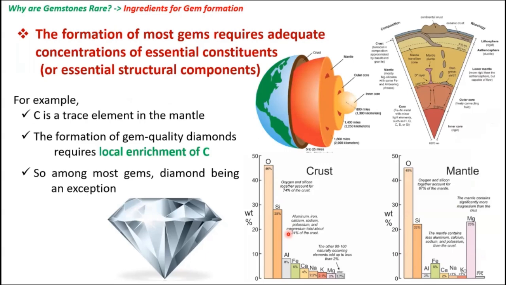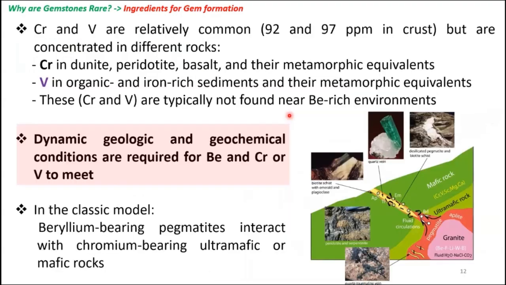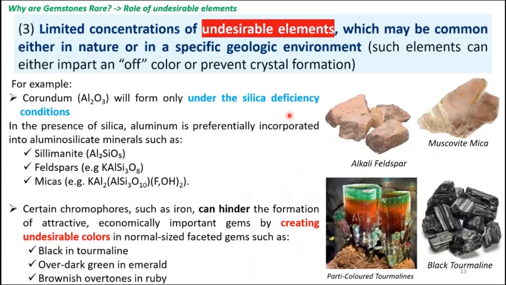Quartz you can frequently identify in nature, but corundum, although aluminium is the third dominant element, you cannot identify everywhere. What is the reason? The reason is the presence of silica. Silica acts as a kind of undesirable element that prevents corundum crystallization or formation.